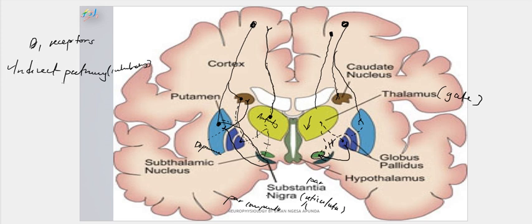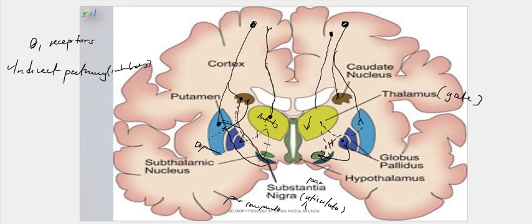So just like in the direct pathway where we had the substantia nigra compacta, the substantia nigra compacta is also very important in modulating the activity of the striatum. So that means it is able to send out dopaminergic neurons.